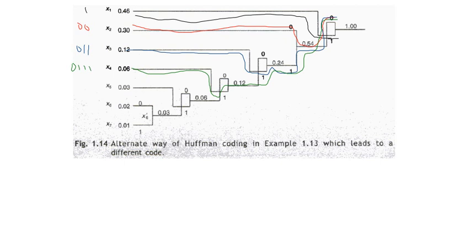Next x5 is 0 followed by four ones, x6 is also 0 followed by four ones, and the last one is 0 followed by four ones.